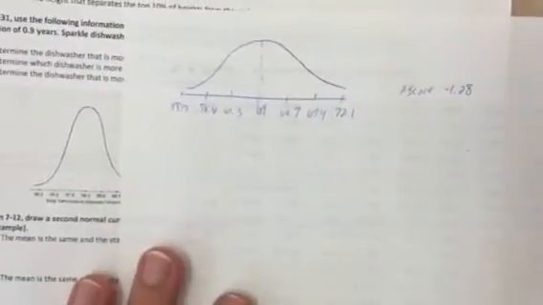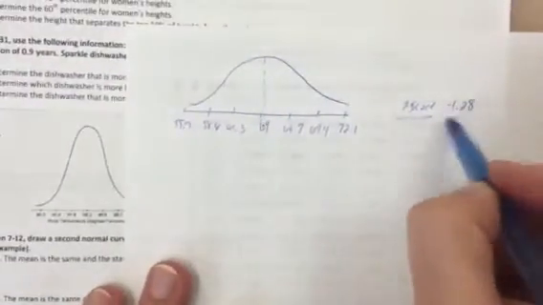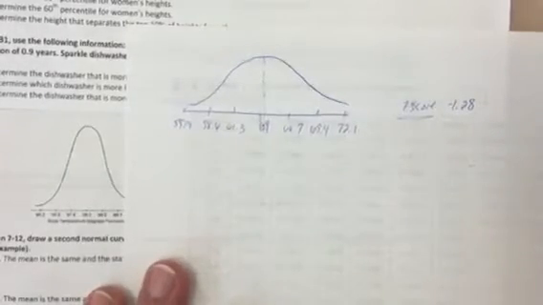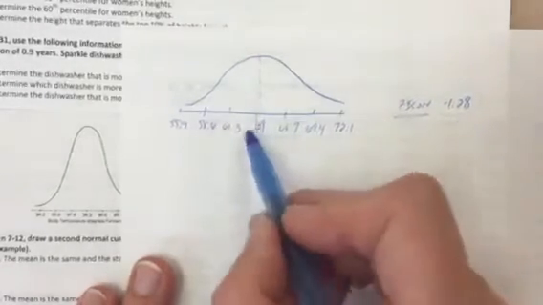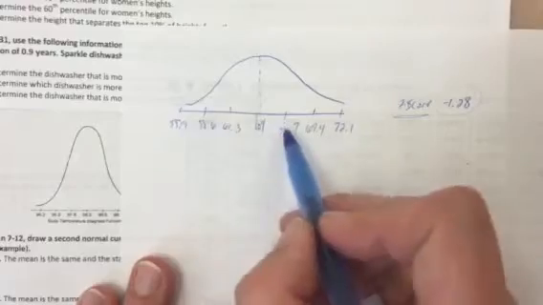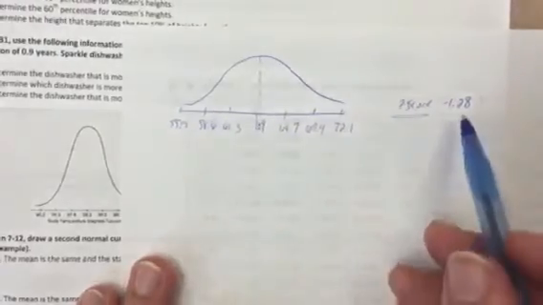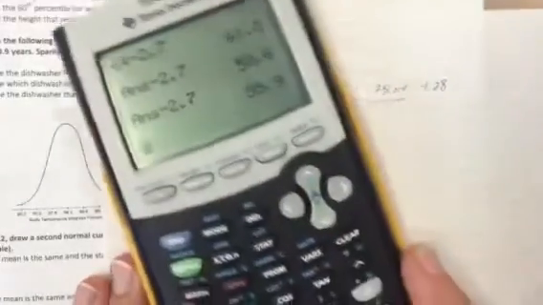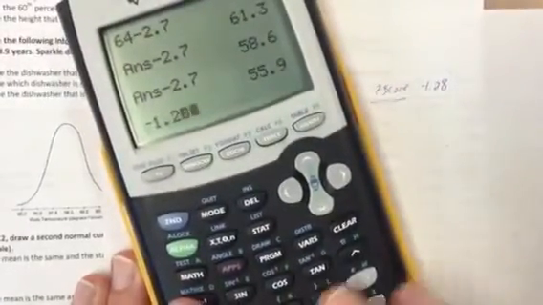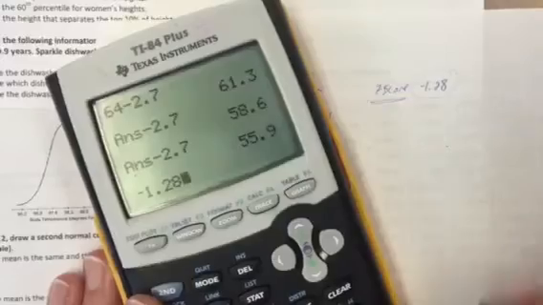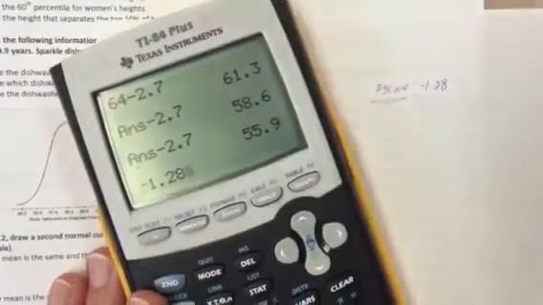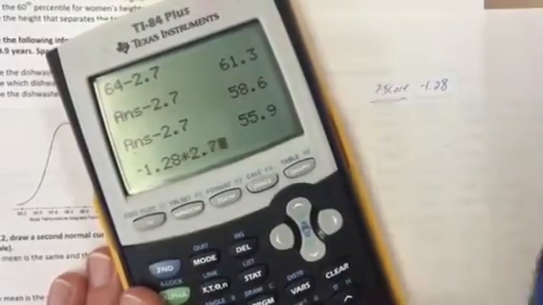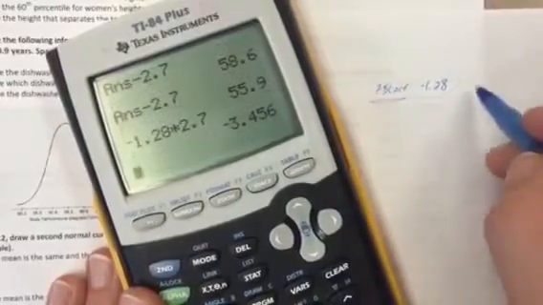All right, now remember z-score is how many standard deviations away that is. So we really need to figure out, okay, that's how many standard deviations I went down. So what is that just in numbers, right? So in numbers, negative 1.28 is how many standard deviations I went down, but the standard deviation's 2.7, so if I multiply that, then that's how many numbers I went down.